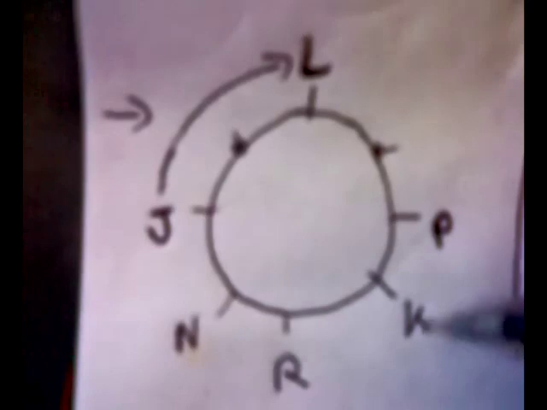And apart from these 2 places, there are no places remaining where we can put M, right? So for this circle, our final condition is not satisfied, so this circle is wrong.